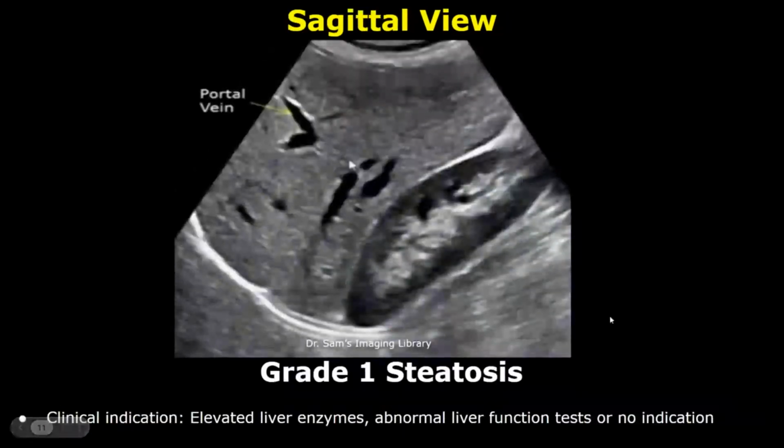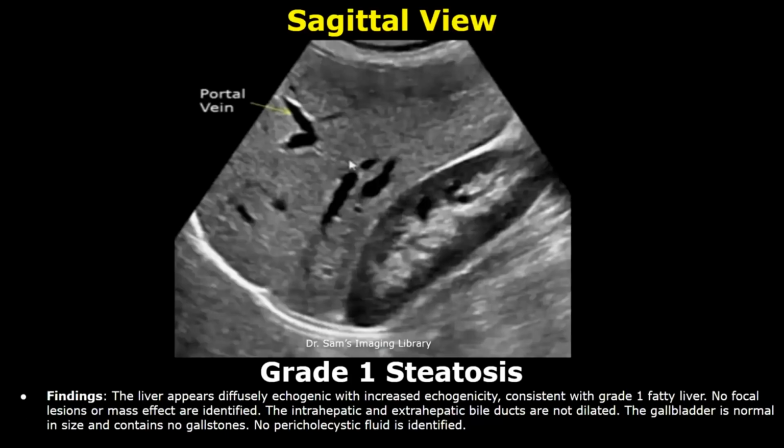Now we will look at a grade 1 fatty liver or steatosis. The clinical indication can be elevated liver enzymes, abnormal liver function tests, or no indication as it is seen routinely.